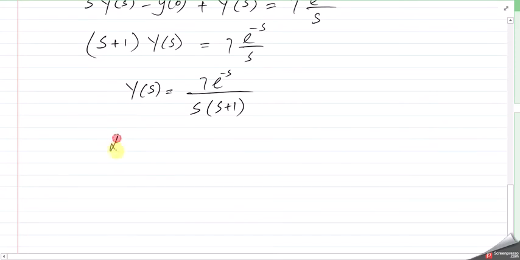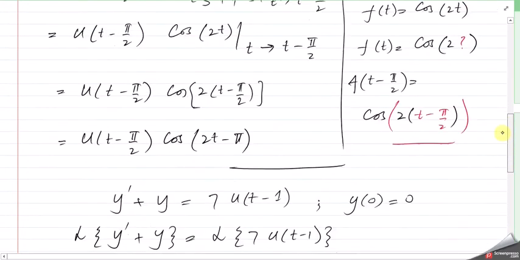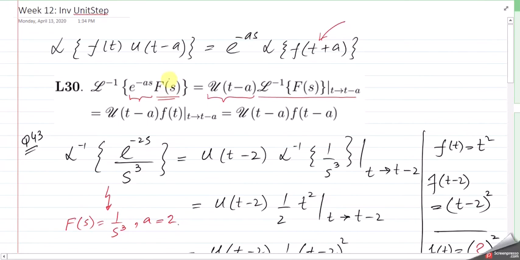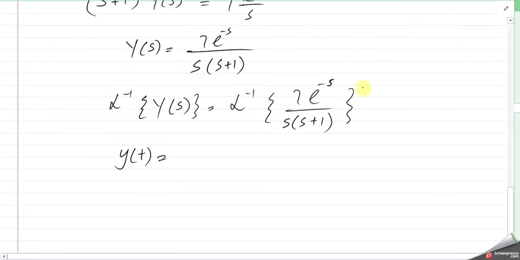Now we take inverse Laplace on both sides. This gives y(t), which is the function we want, and this one is exactly the same as what we just did in the last formula, e raised to minus as F(s).